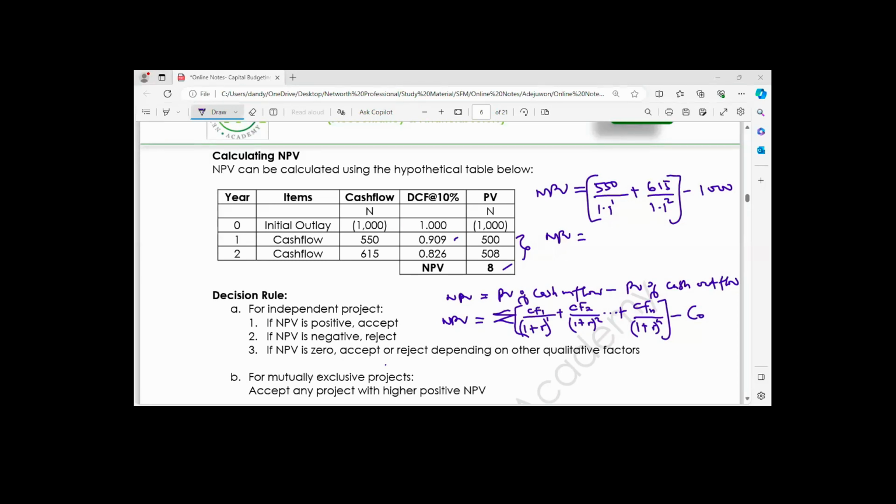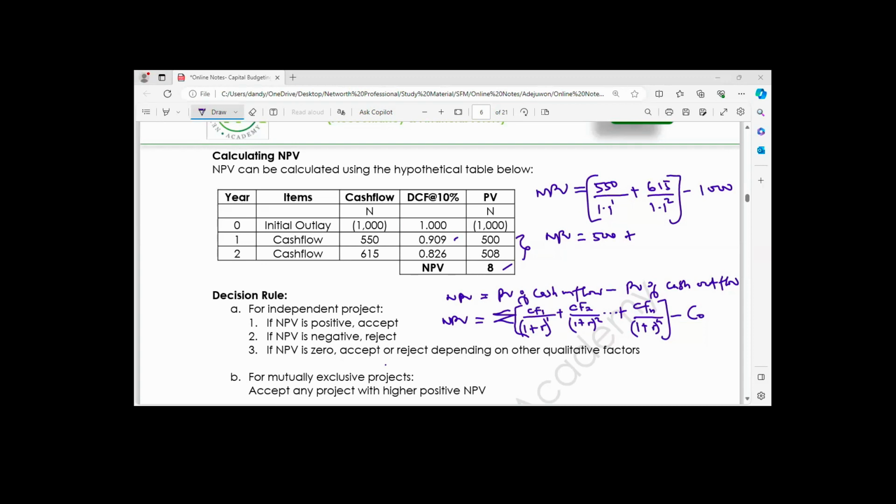Here I have 500 plus, I will go to the second year. 1.1 raised to power 2 equals 1.21.